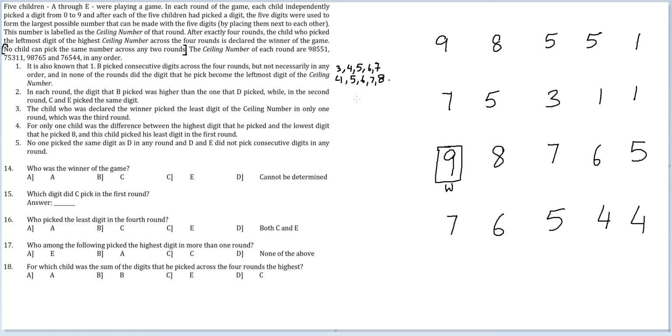And can there be any other thing? And 5, 6, 7, 8. Sorry, we are only supposed to look at 4 digits, right? So 5, 6, 7, 8. Can I have 6, 7, 8, 9? 9 is not possible because he never got the leftmost digit.